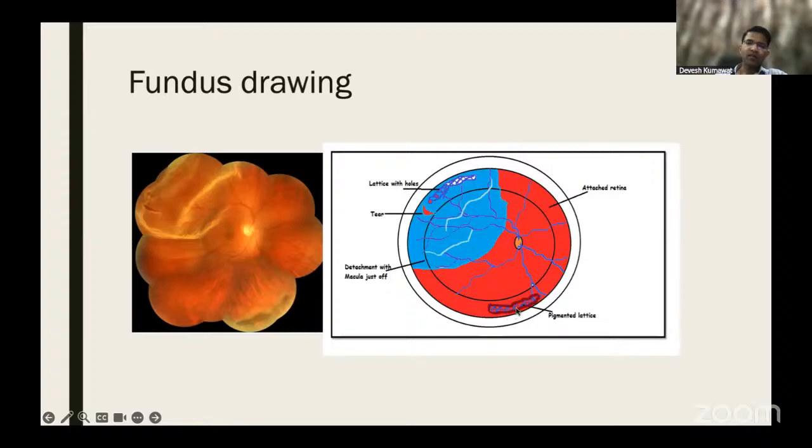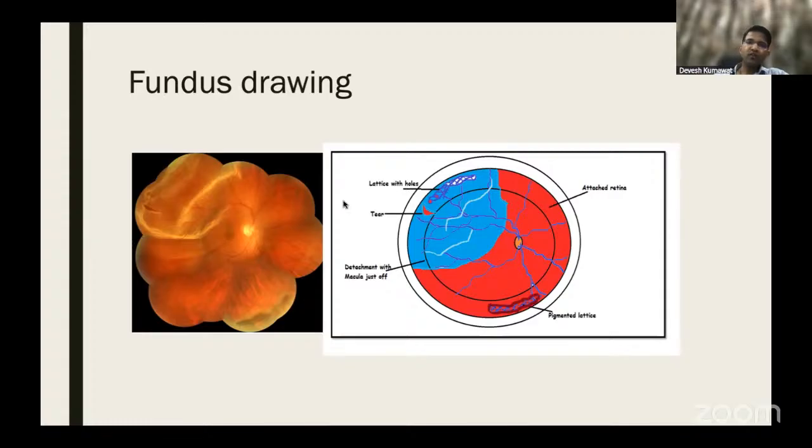However, the inner side of the lattice degeneration, the crisscross vessels, since they are vessels, you have to label by blue. In the detached retina, there is also one lattice. Again, the margins are blue here instead of red because it's a detached retina. However, the inner area where the crisscross vessels are is depicted by blue lines.